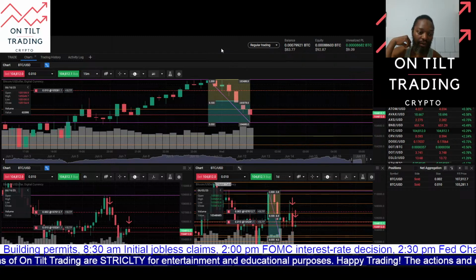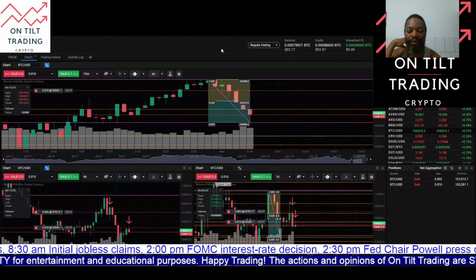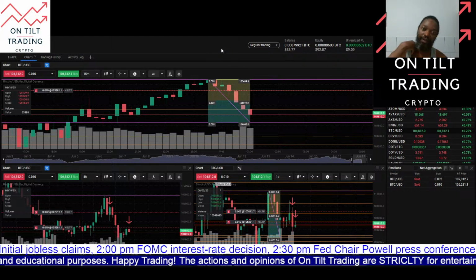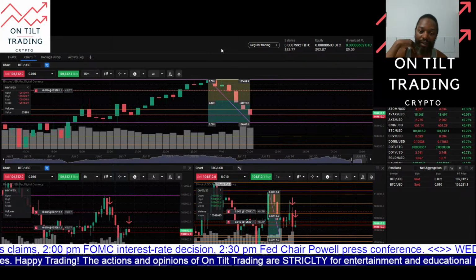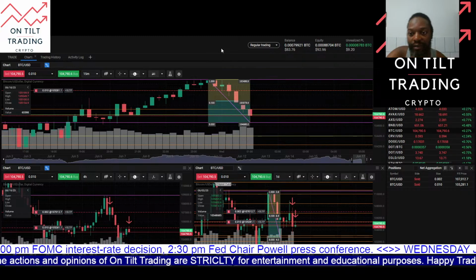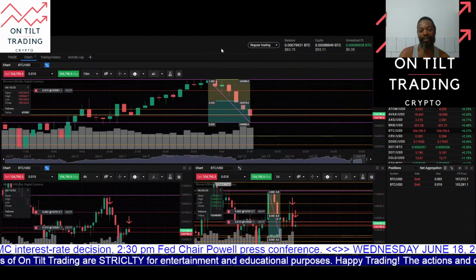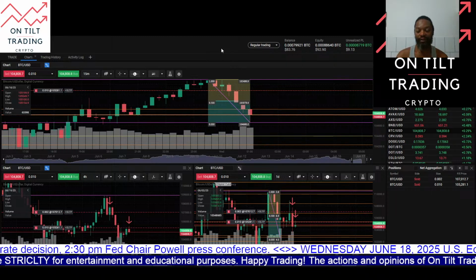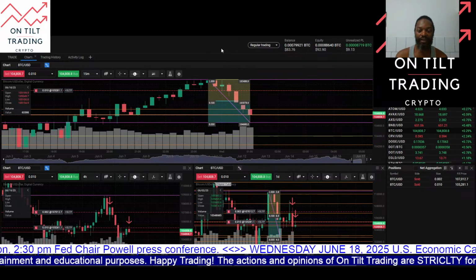It's also possible that this displacement may not be retraced until New York. That's another possibility, or later in the London session.